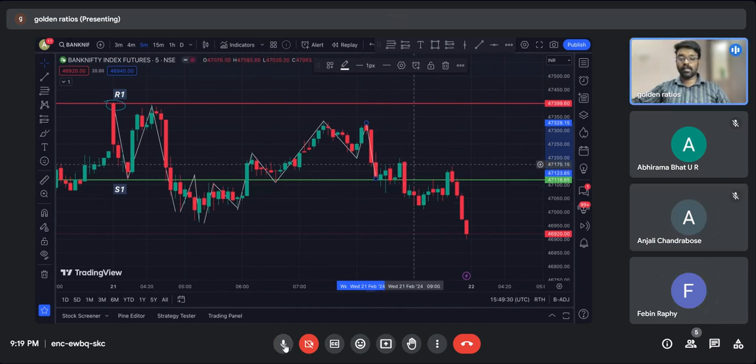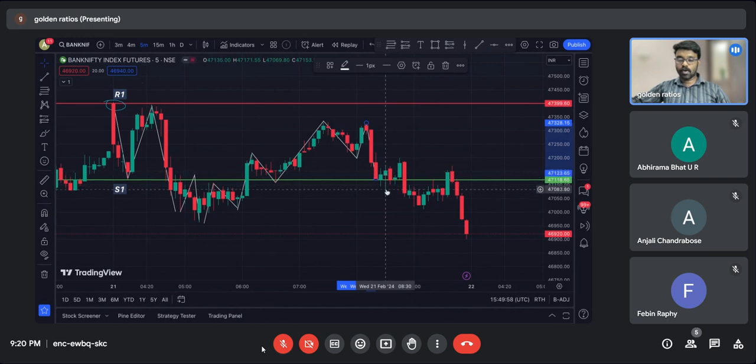In any lines, whether a trend line, a support or a resistance, if it needs to be broken or the trend breakout should happen, if the wick comes down, it doesn't matter. You can see the support line, the wick has come down, but we won't consider it. If a body closes like this, you can see the body has closed like this, then we will consider that it is broken.